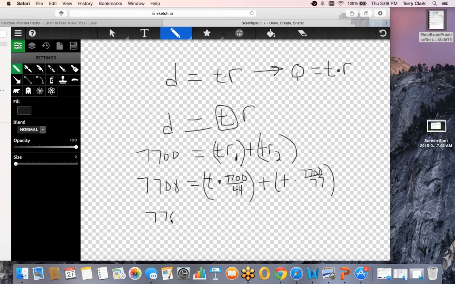And so that 175 is really 175 liters per minute. So that's going to give me 175 liters per minute times the time. So I'm just going to say that's 175 T. And then that's going to get added to, and when I take the 7,700 divided by 77, that's going to give me 100.